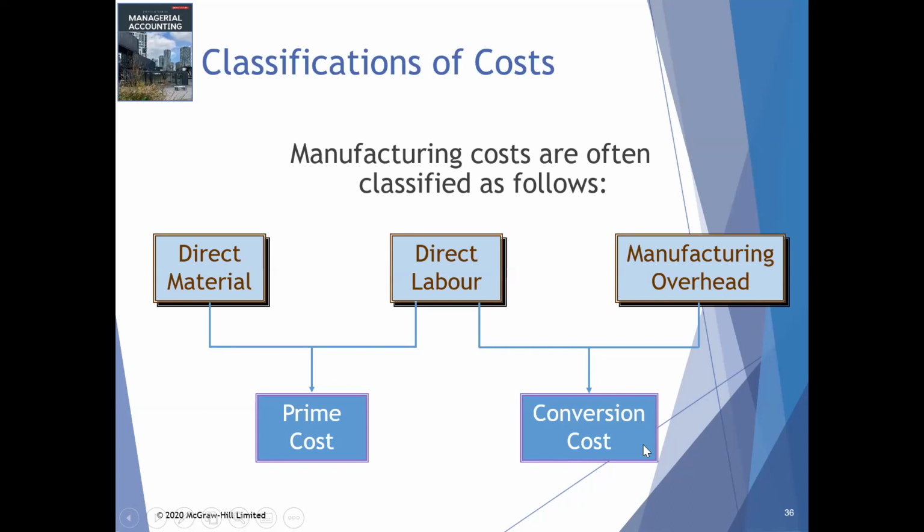I'm repeating once again. Direct material and direct labor, if we add these two, will be the prime cost. And this one is direct labor and manufacturing overhead. If you add only these two, that is the conversion cost.